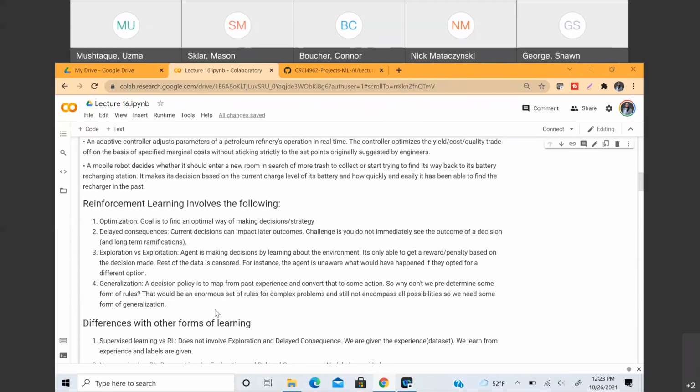How many rules can I just list down? There are just too many in the real world, because think of the self-driving car. A self-driving car is a good example of reinforcement learning. Of course, I can lay down all the rules, like if a road looks like this, do this versus this. But how many? There are so many unknowns. There is a whole distribution of values, and that's exactly what we encompass in our model. We have to think of this as a distribution rather than some deterministic values out there, where we are doing an if-else kind of a solution to this.